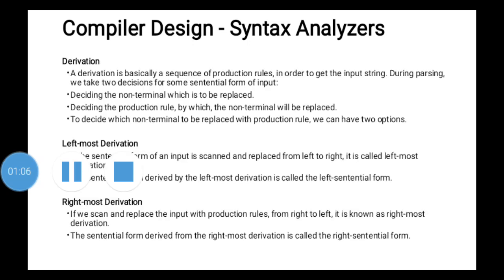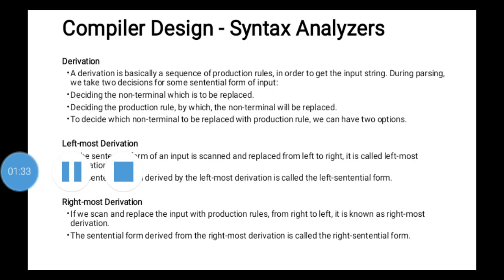Okay, so let's look at derivation. A derivation is a sequence of production rules in order to get the input string, because of course this is what you did in grammar. You have production rules, you have the terminals, you have the non-terminals, and you try to replace them.